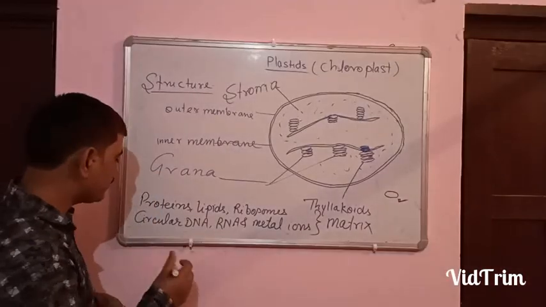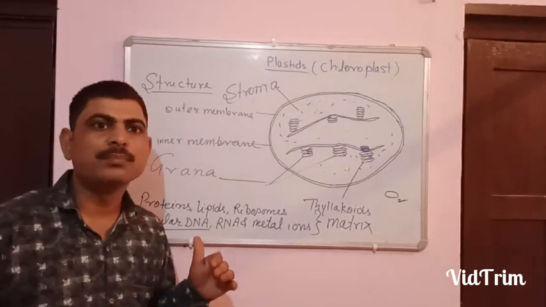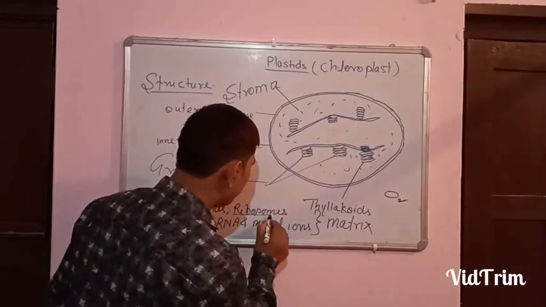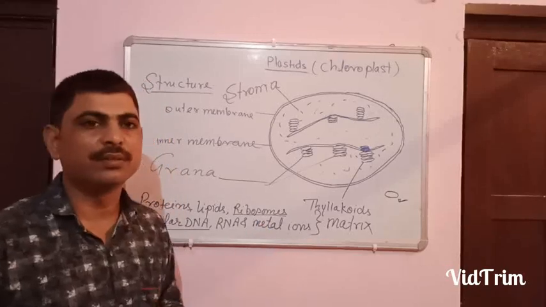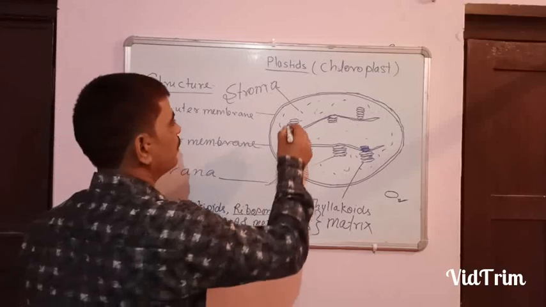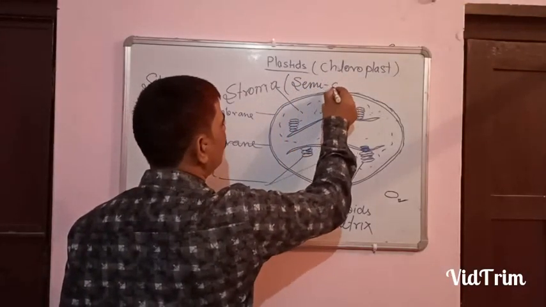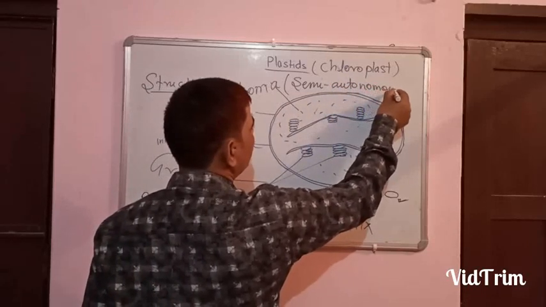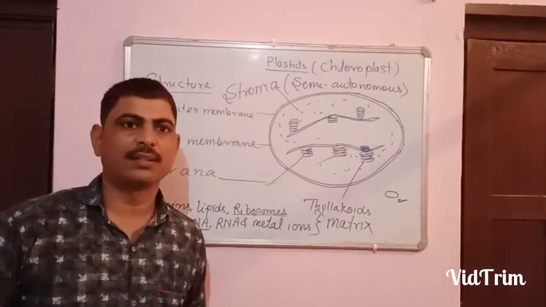Because of the presence of circular DNA, they are capable of duplicating, making their own copy. And because of the presence of ribosomes, they are able to synthesize some of their own proteins. That's why they are also called semi-autonomous organs. Autonomous means those that do not depend on others for their function.